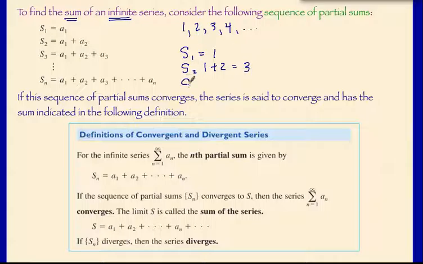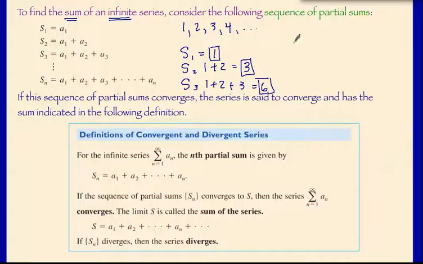The third partial sum would be adding up the first three terms of the series. In this case, that would be 1 plus 2 plus 3, which is 6. And you could keep going with partial sums, the first 4 terms, 5 terms, etc., up to n terms. Then what we do is we examine these sums as a sequence.